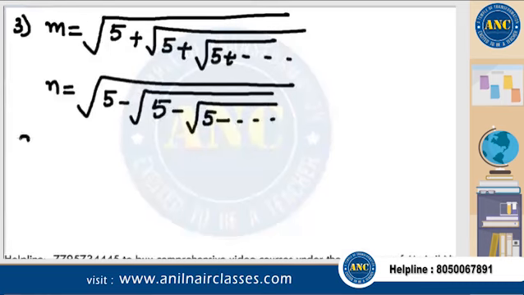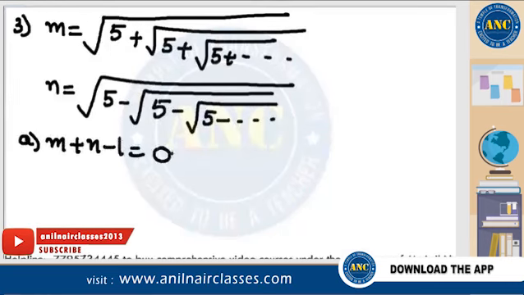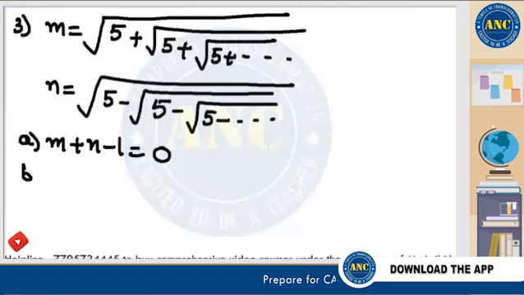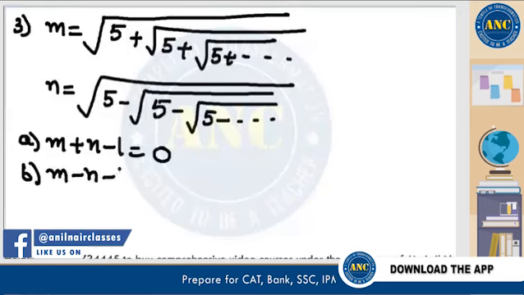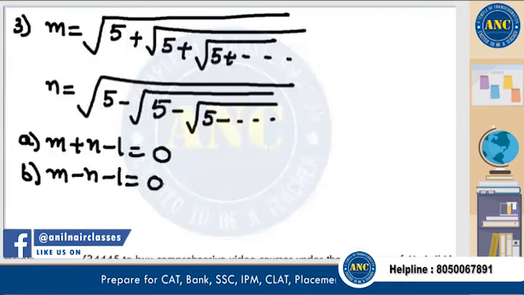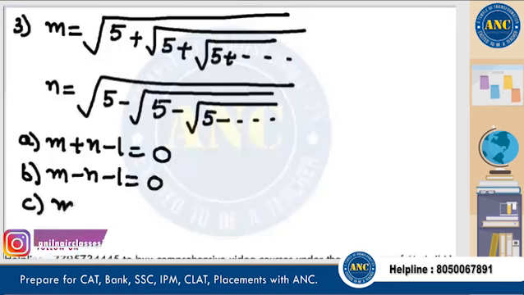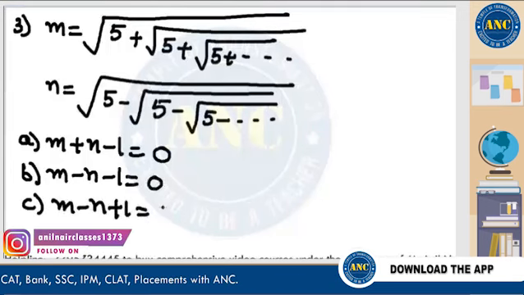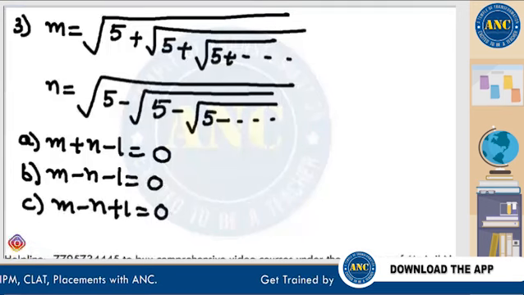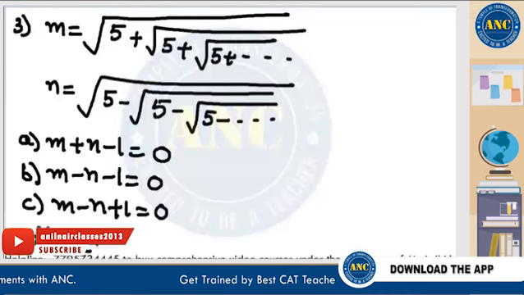Options: A, M plus n minus 1 is 0. B, M minus n minus 1 is 0. C, M minus n plus 1 is 0. D, M plus n plus 1 is 0.